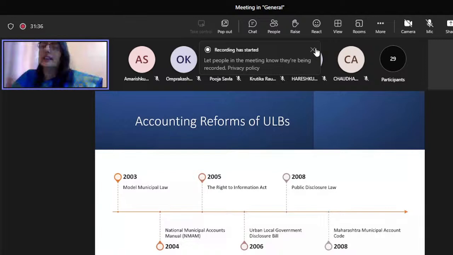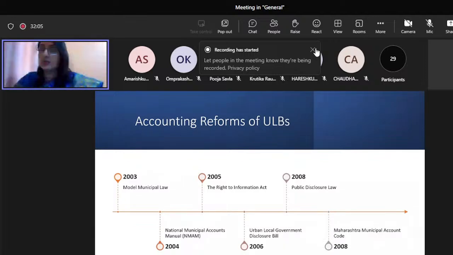This NAMAM depicted what the structure of the accounts should be, what the major heads and minor heads of account should be, under which they need to categorize all their income and expenditure. This is the full structure of accounts. We still follow NAMAM, and each state has evolved its own municipal accounting code, but on the basis of NAMAM only.